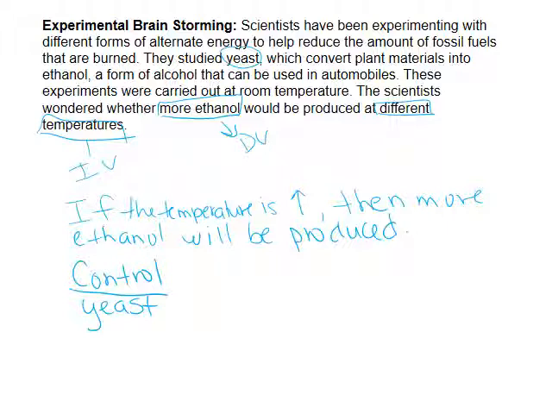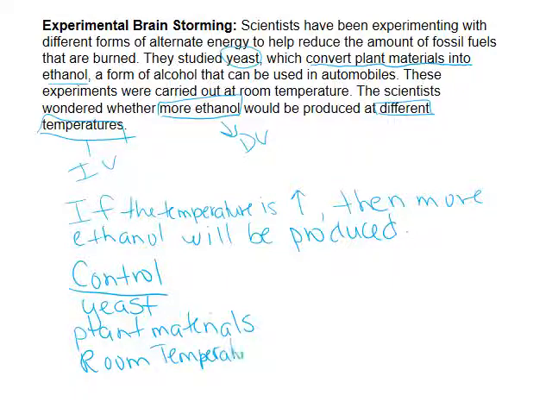And here in the line they said that they convert plant materials into ethanol. So it looks like I'm also going to need some plant materials. And since it's temperature, the standard conditions would be room temperature, which we said in the previous example is 30 degrees.